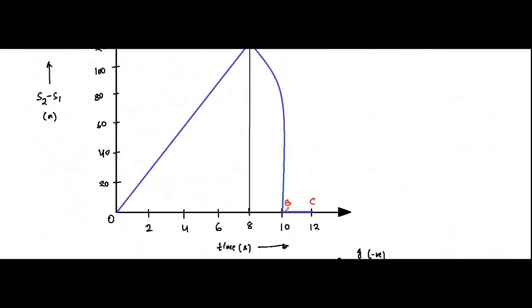So from t equals 10 seconds onwards, the BC portion, S2 minus S1 is equal to 0. So from 0 to 8 seconds, S2 minus S1 is equal to 15t, that proportional relationship.